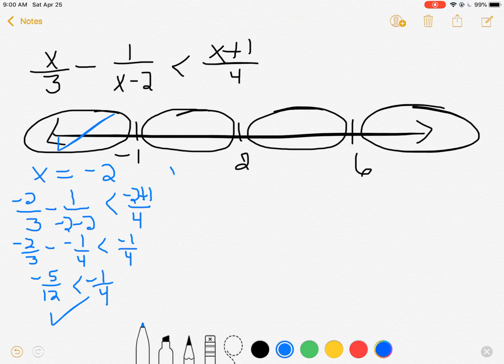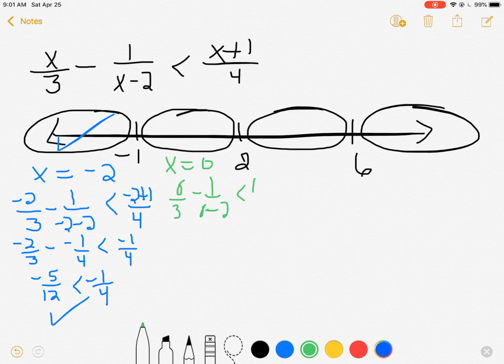All right, I'm going to check 0 in this section. I'll put a 0 in, x equals 0. So I'll say 0 over 3 minus 1 over 0 minus 2.